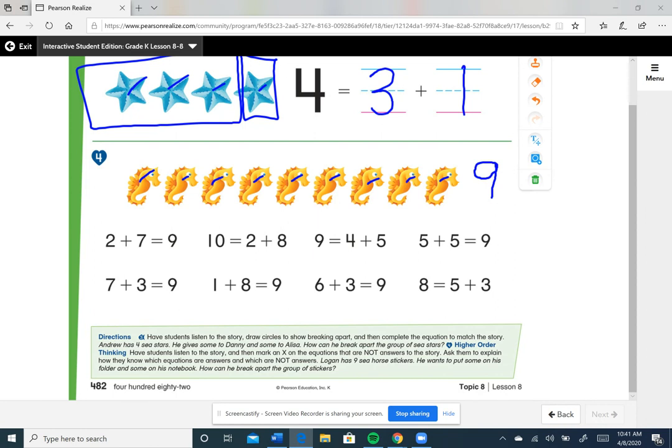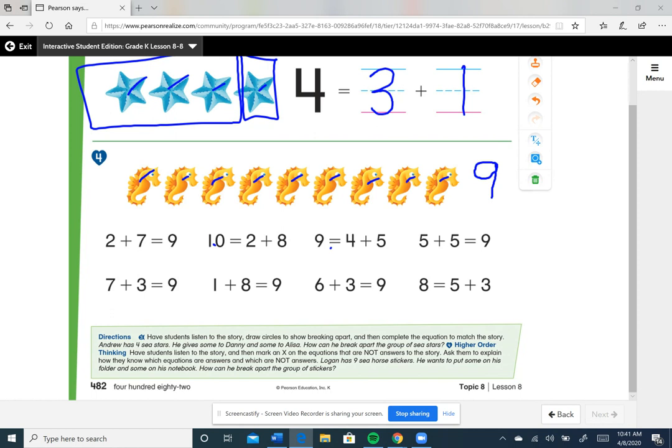All right. You're going to cross out all the equations down here that do not equal 9.